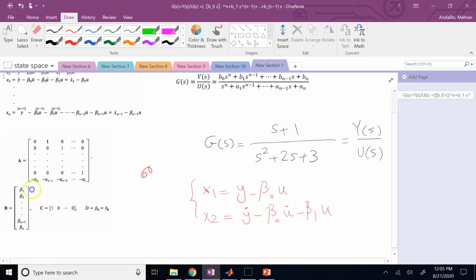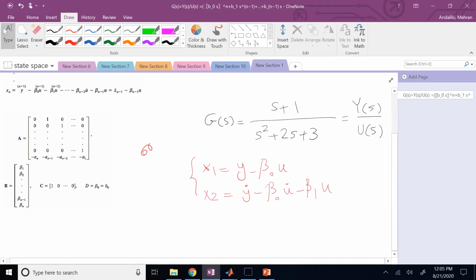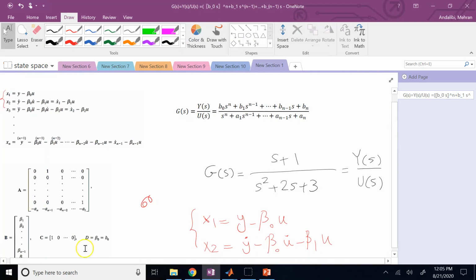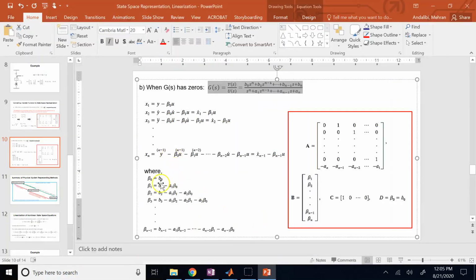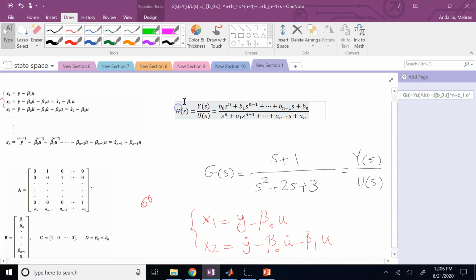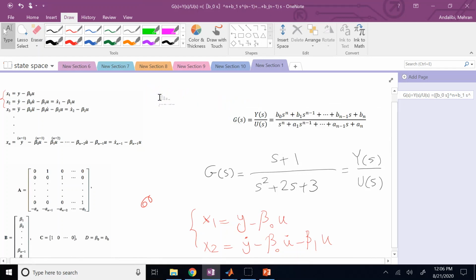So what are these? We go according to our equations for betas, which we bring from the lecture. It says here is how you decide your betas.